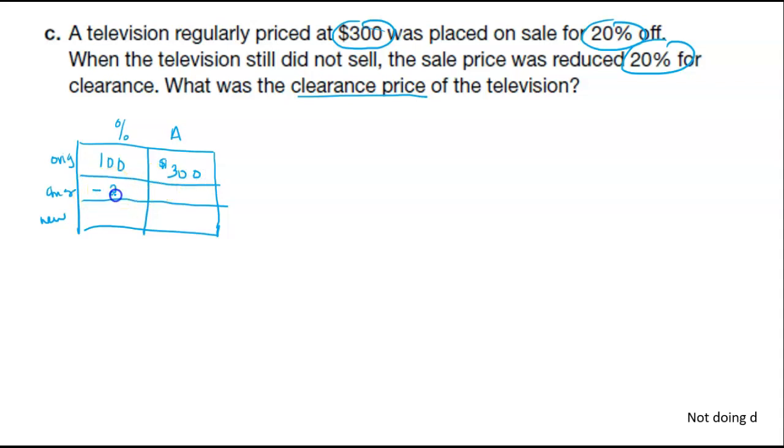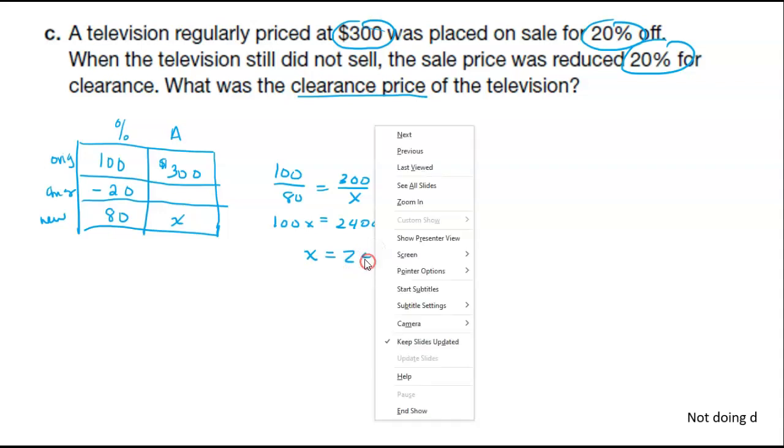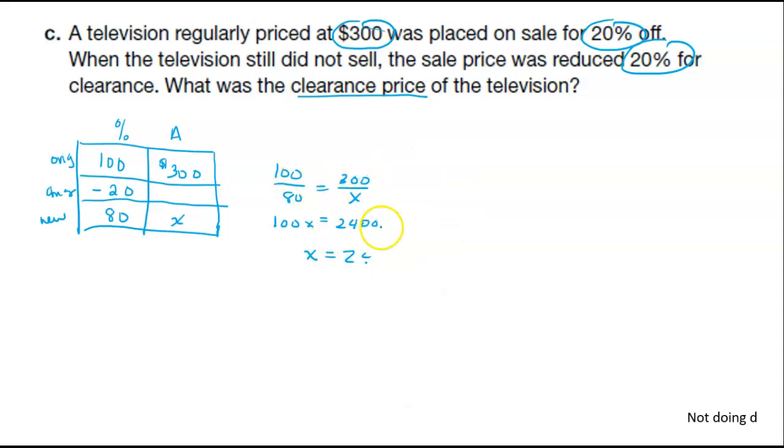It was placed on sale, and it didn't sell. So let's see what our sale price would be. That's going to be 100 over 80 is equal to 300 over X. 100X is equal to 24,000, so X is equal to 240. Oh, I missed a 0. My bad. So that's this sale price.